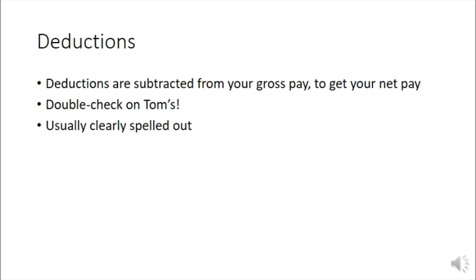So let's go back to Tom's paycheck and see some of these examples. Again, this is just Tom's paycheck, and his deductions are spelled out here. One thing to note going forward is he has one additional deduction that wasn't deducted in the month of August, and we'll talk about what that is in a second.